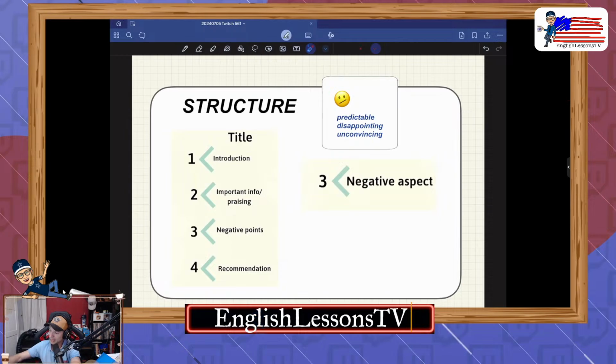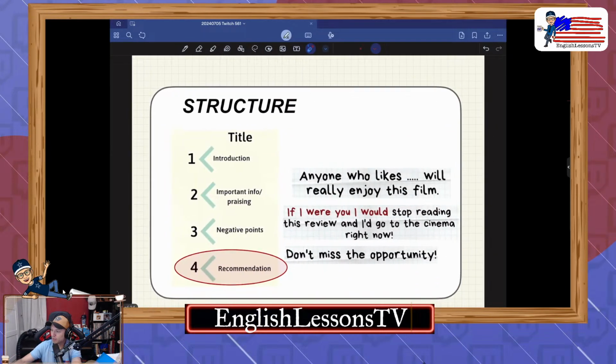Okay, and then obviously in part 4, the recommendation, the criticism is not going to be enough to not recommend it. So anyone who likes, and here you would put the genre, anyone who likes comedy will really enjoy this film.